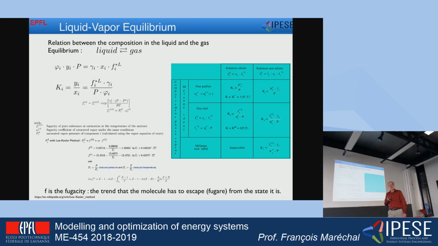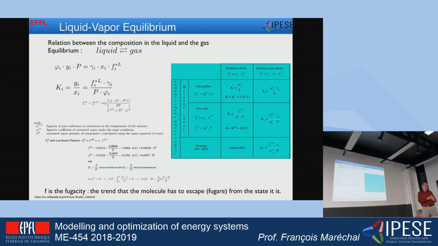If I have ethanol and water, what would be interesting to know is the amount of ethanol that will be in the gas state, that is going to evaporate, and the amount of ethanol that remains in the liquid. When I'm leaving the beer here, I would like to know how much of the ethanol and how much of the water is going to evaporate and how much will remain in the liquid state.